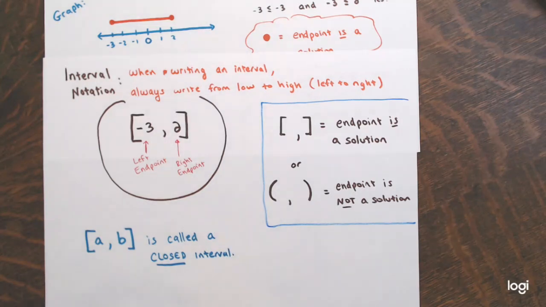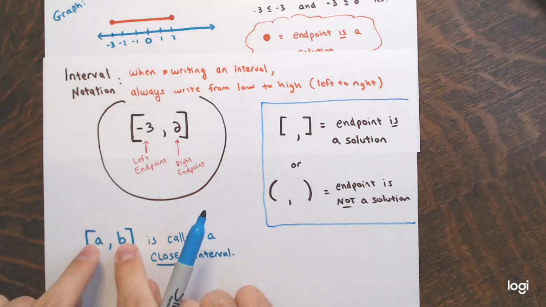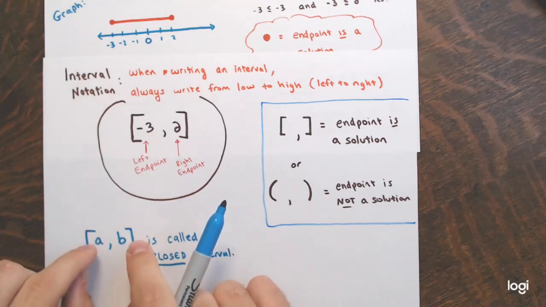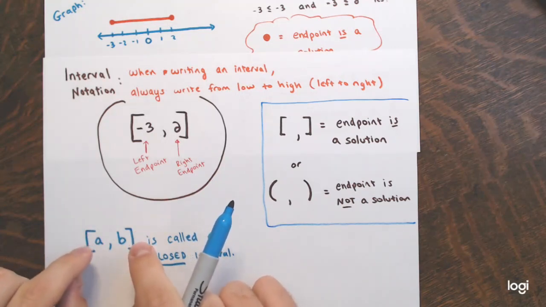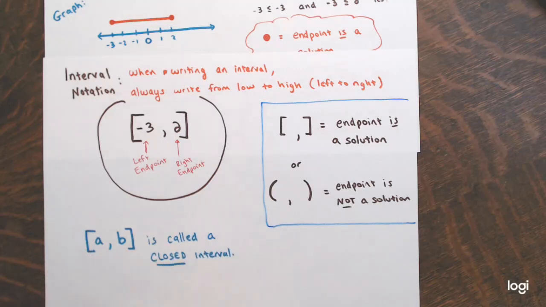It's a closed interval, meaning the two ends are capped off, and they belong. The two endpoints belong to the solution set. It's completely closed. You can't exit it. That's not a real valid definition, but it's good enough for now.